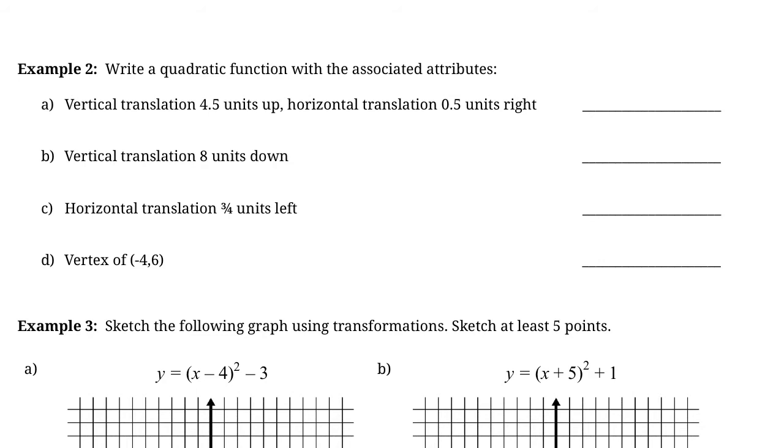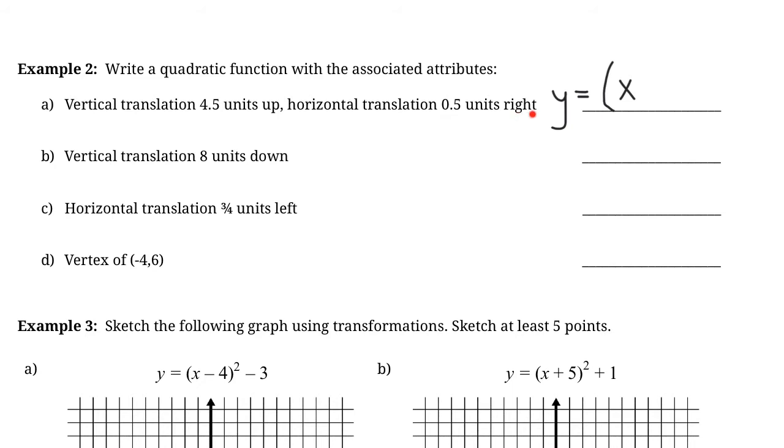So I'm going to go ahead and start writing out my equation. I'm going to say y equals, I'm going to open the bracket, I'm going to put in an x. Now, the question is telling me that we're horizontally translating or horizontally shifting our parabola 0.5 units to the right.